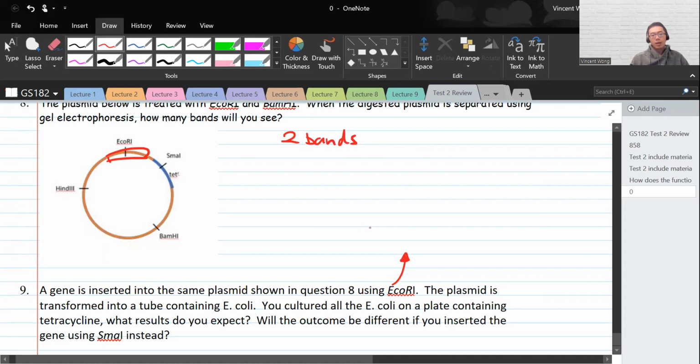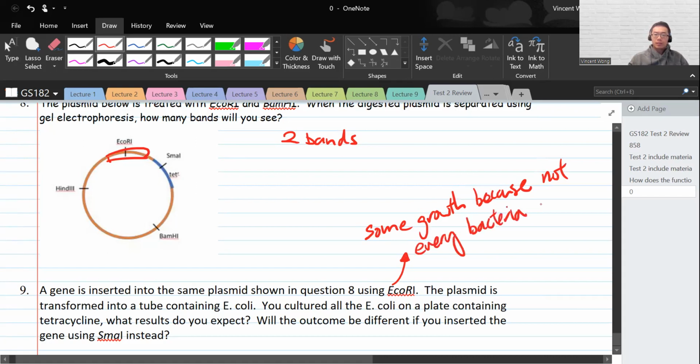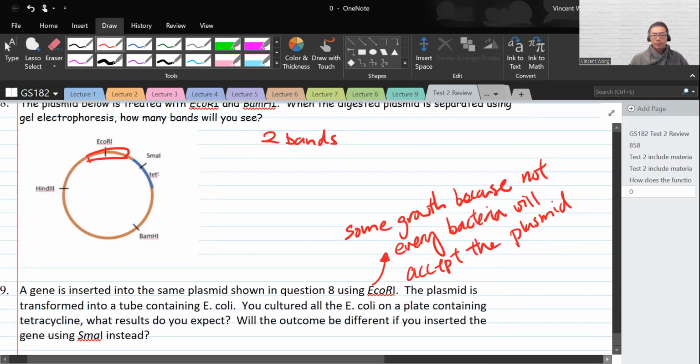You will have some growth, because not every bacteria will accept the plasmid. Okay.